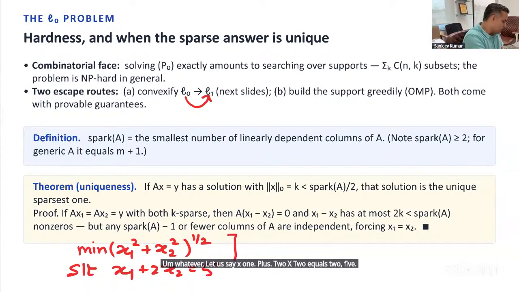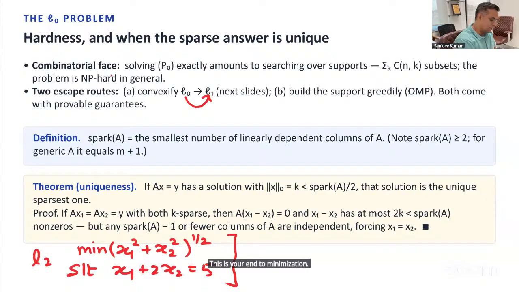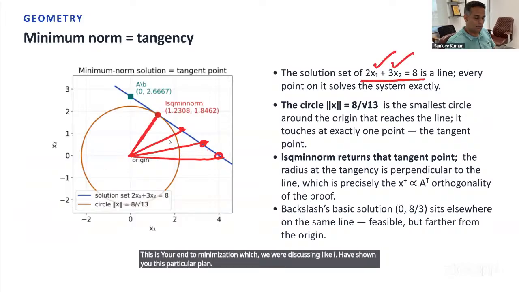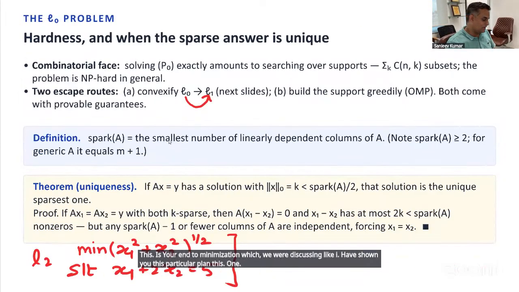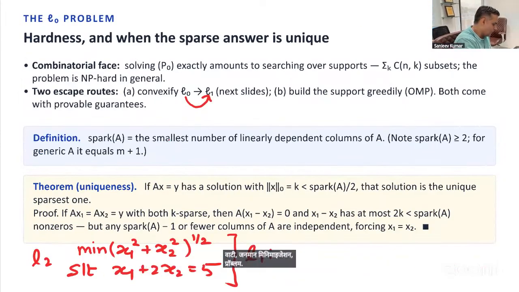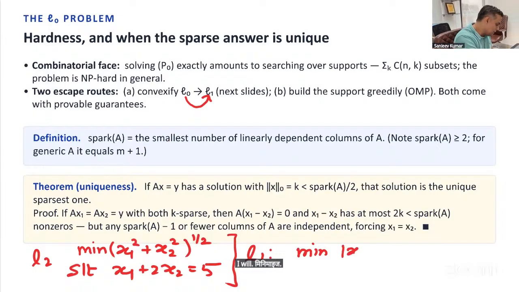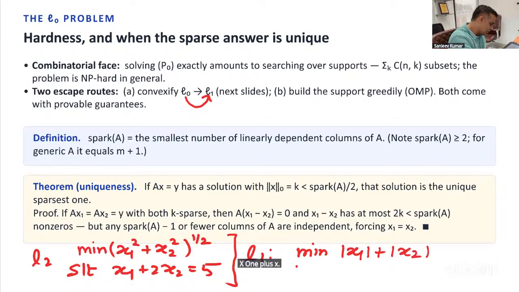This is the L2 minimization which we were discussing, like I have shown you in this diagram. In L1 minimization, instead of minimizing the L2 norm, I will minimize the L1 norm: minimize |x1| plus |x2| subject to x1 plus 2x2 equals 5.